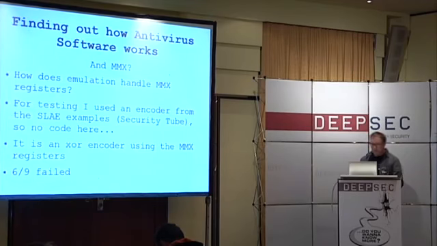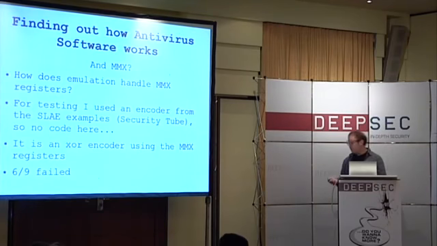Then I did some more research about MMX. For this, I took an example from the SecurityTube Linux Assembly Expert certification. So I can show the example here. It is simply using the MMX registers to encode the malicious payload.